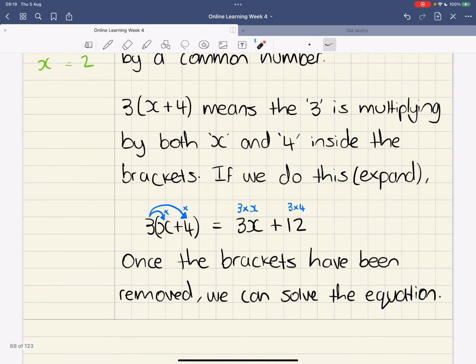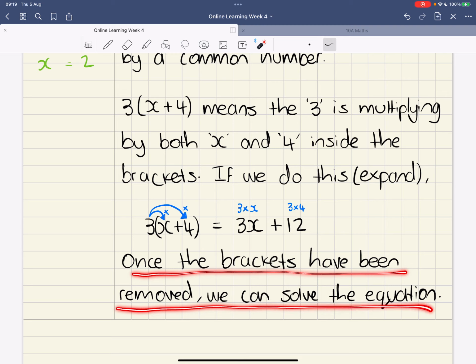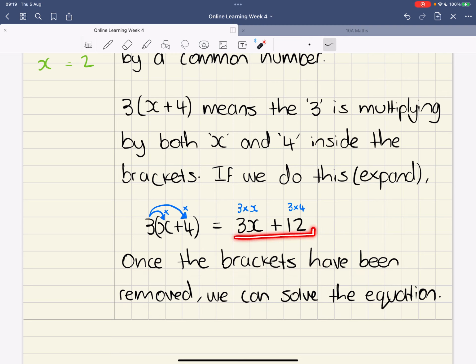So I've just got the example down below. 3 times x is simply 3x, and we write it like that. And 3 times 4 is simply 12. And we write positive 12 because there's a positive sign next to this 4 here. Once the brackets have been removed, we can solve the equation. See how I've got this now? I've expanded, I've gotten rid of the brackets.